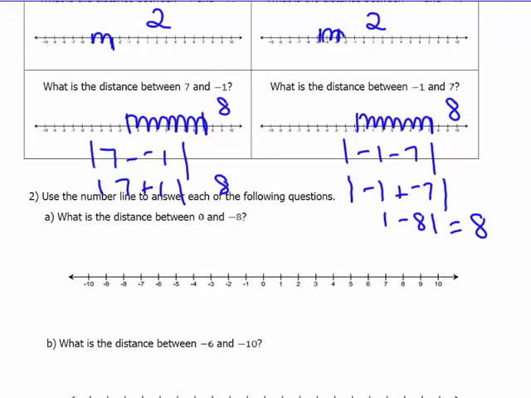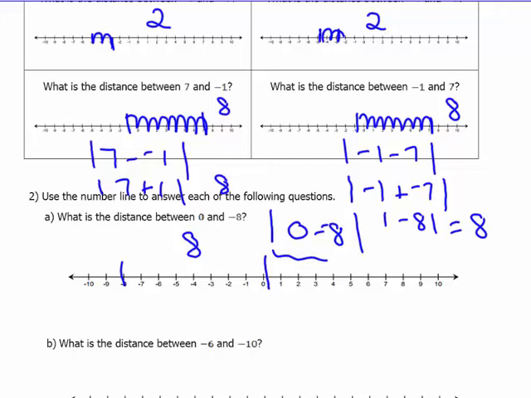All right, so let's see if we can do this. We're going to write this first as a question using our absolute value. What is the distance between 0 and -8? So they're saying, what is the absolute value between 0 and -8? So again, if I start here to here, that's 8 spaces.